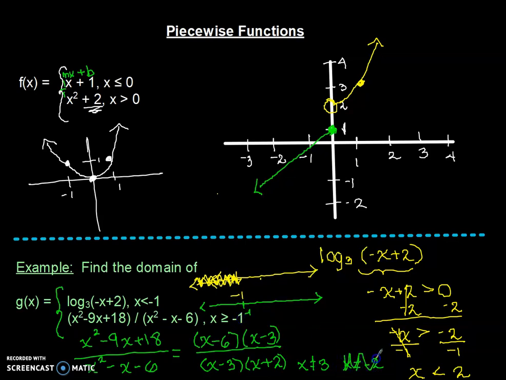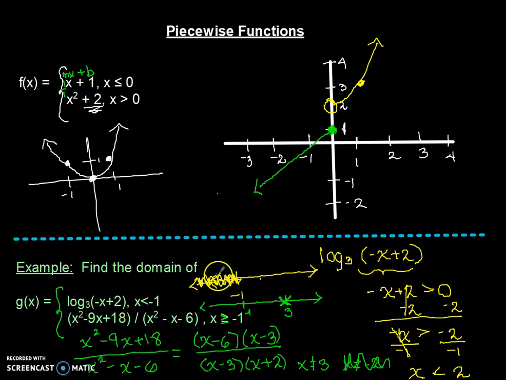So I'm not even using negative 2. I just am using 3, which I know cannot be used in the function, and I am only using values to the right of negative 1 because, again, you can only use in the second function, the one in green, numbers where x is greater than or equal to negative 1.